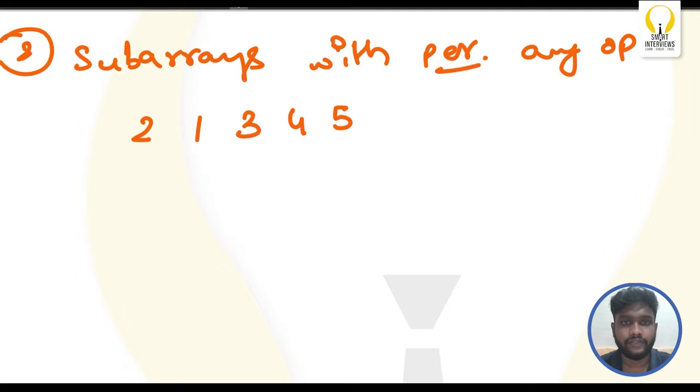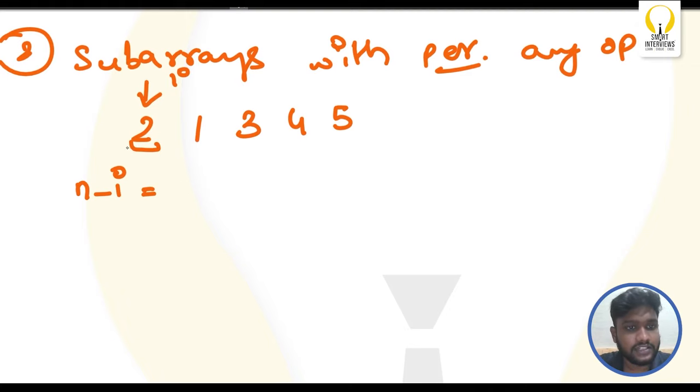5. One thing I can surely say is, when I iterate through the array and find an even element, let's say at index I, there are going to be n minus I subarrays that definitely have an even number.